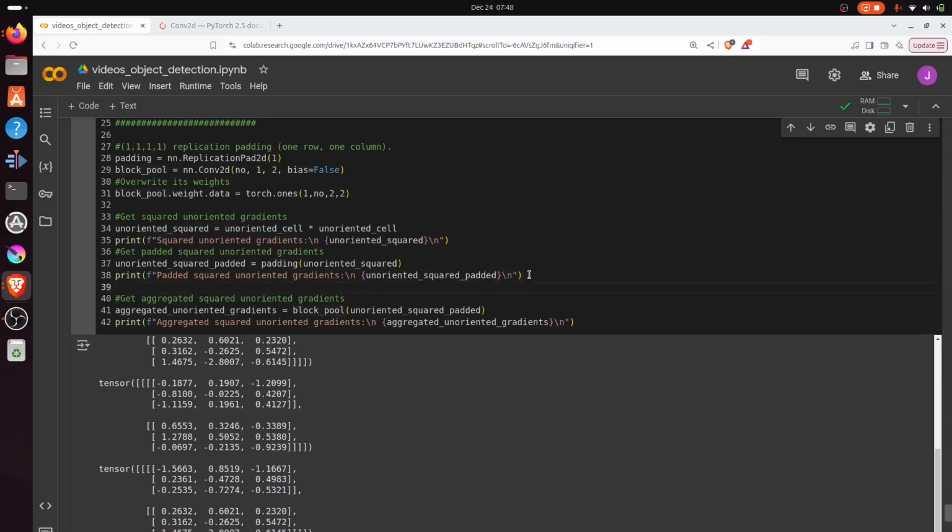So just for reference, put here the unoriented square padded, and also print out the shape of the aggregated unoriented gradients.